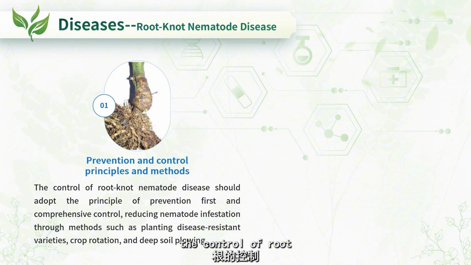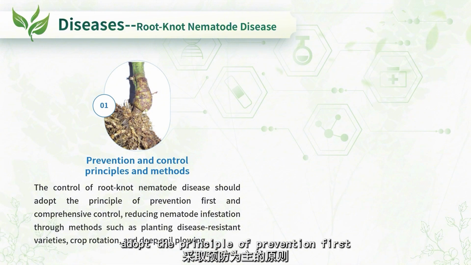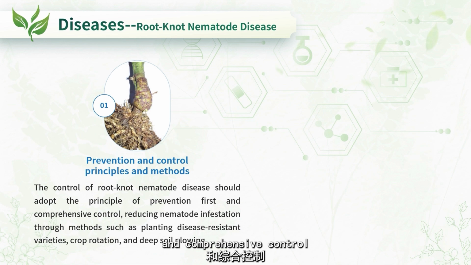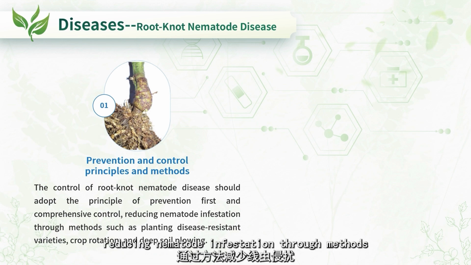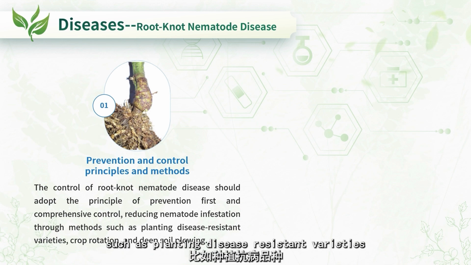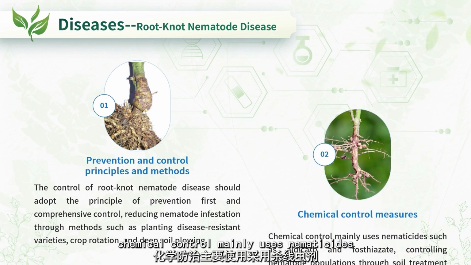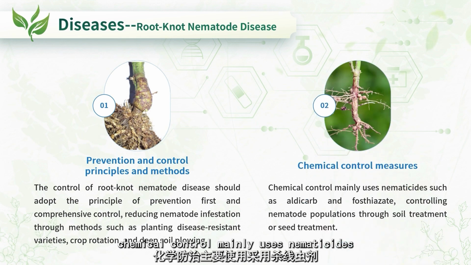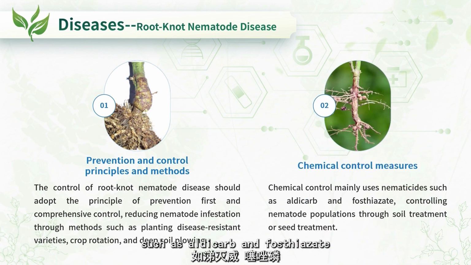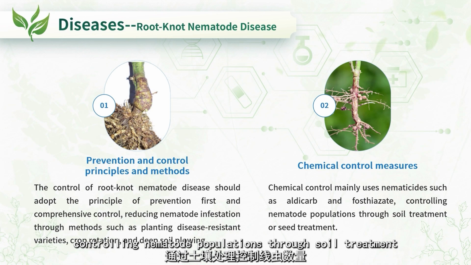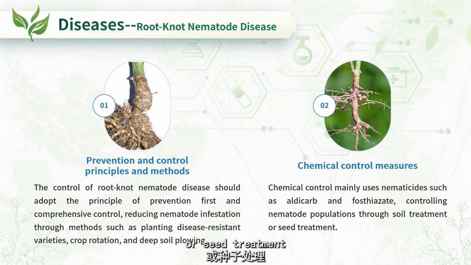The control of root knot nematode disease should adopt the principle of prevention first and comprehensive control, reducing nematode infestation through methods such as planting disease-resistant varieties, crop rotation, and deep soil plowing. Chemical control mainly uses nematicides such as aldicarb and phosphate, controlling nematode populations through soil treatment or seed treatment.